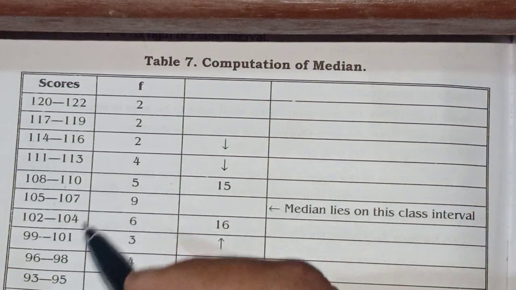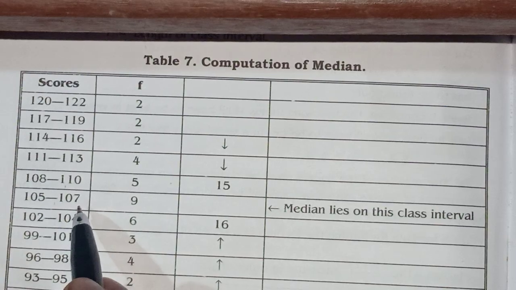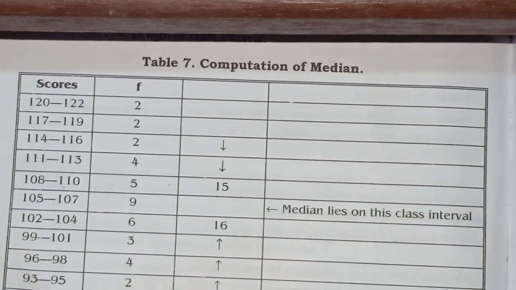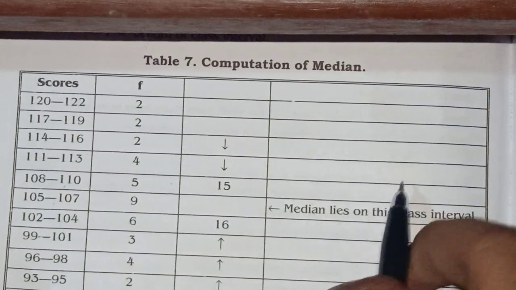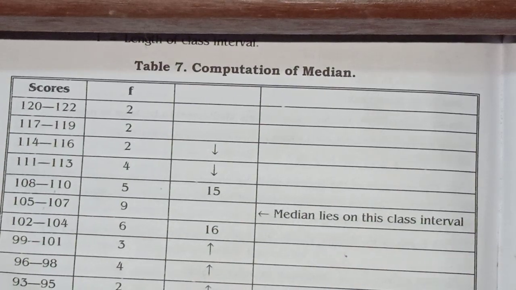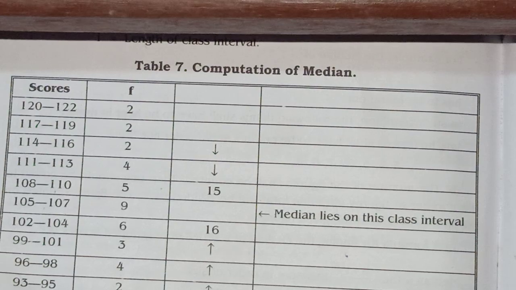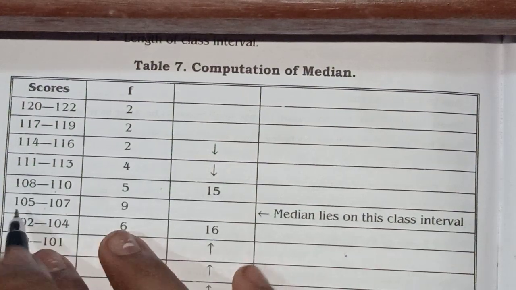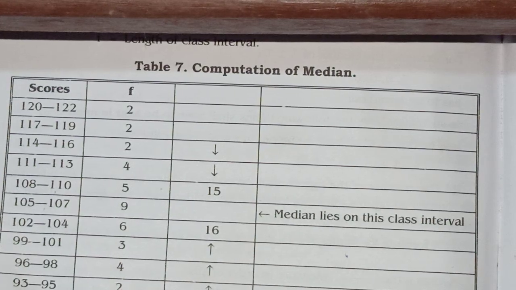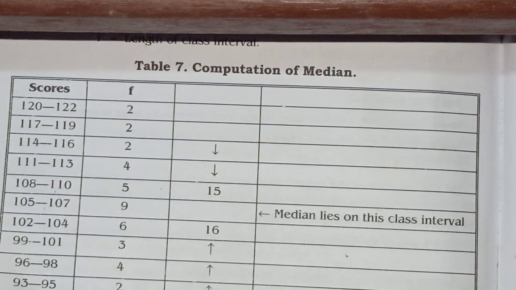So we assumed that the median is here. So L is the lower limit of the class interval in which we assumed our median. Here it is 105, but in class intervals we will take it as 104.5. This is a rule.